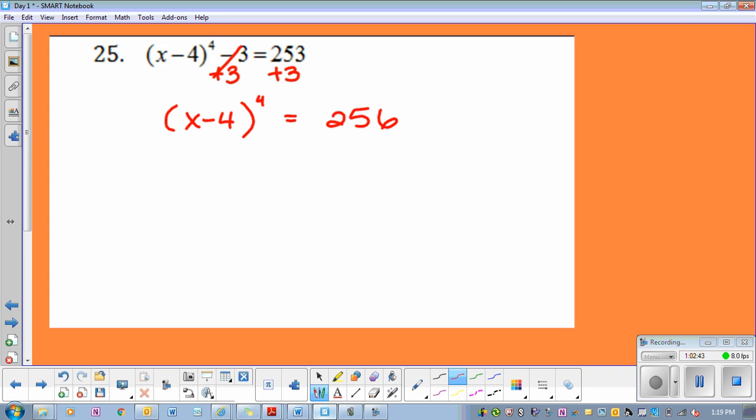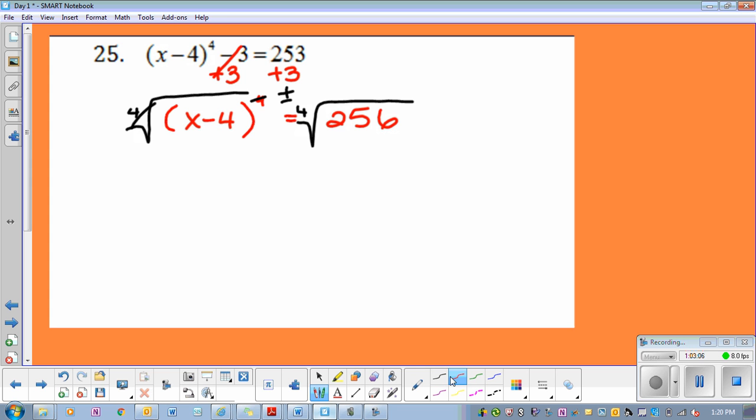So get rid of that exponent before you try to do anything inside the parentheses. How do you get rid of that power of 4? 4th root. But do I need a plus or minus? Yes, because it's an even root.